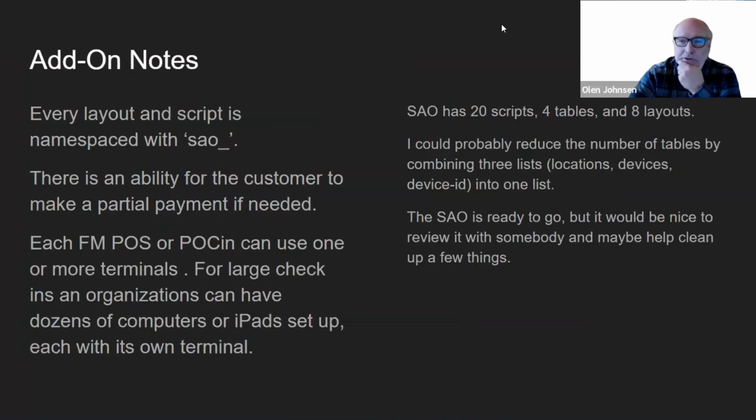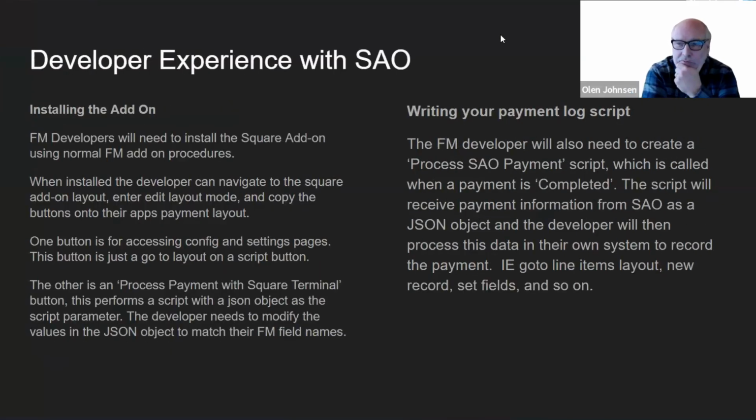So the developer experience with the add-on is you install it like you would install any other add-on using normal FileMaker procedures. Then, when installed, the FileMaker developer can navigate to the Square add-on layout, enter layout mode, and copy the buttons onto their app's payment layout. There are directions on the layout on how to modify your JSON so it's getting the right data.